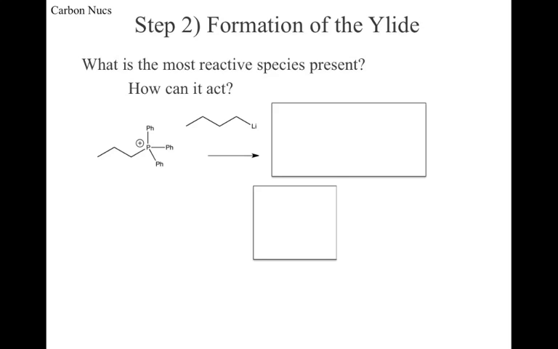Okay? So what ends up happening is when we look at our reactivity, our nucleophile activity is not really there. What we see instead is the base characteristics of our butyl lithium. And what it will end up doing is tugging at one of those hydrogens that's attached to our carbon.